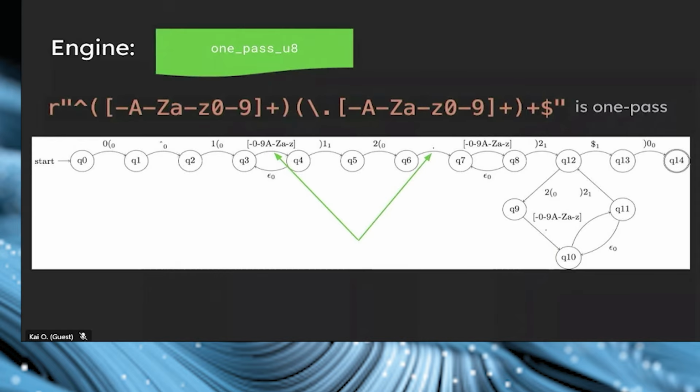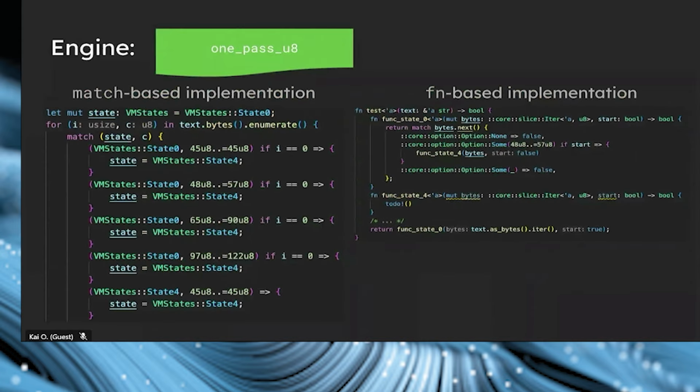All right. There are two separate kind of implementations that this turns into. The first one is the match-based implementation. So in this one, first of all, the state at the top is not a vec because there's only ever one state at most. But we're basically just going to match what the current state is and what the next character is. And optionally, this if i equals 0 just means if we're passing through a start anchor to assert that we are at the start, then that's the additional condition.